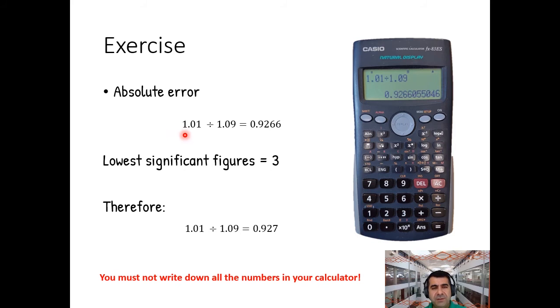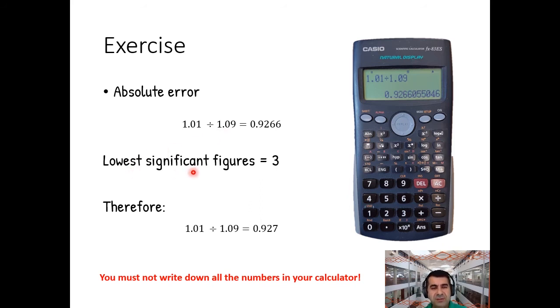So if I do that, you can see here we have got 0.9266. I put it there. Then we have to look at the number of significant figures for each number, and then we look at the lowest significant figures. The significant figures of the first value, 1.01, is 3, and for the other one is also 3.